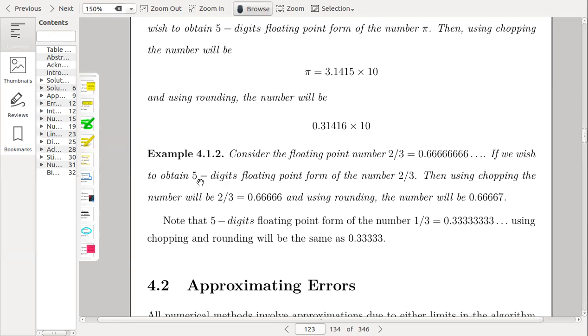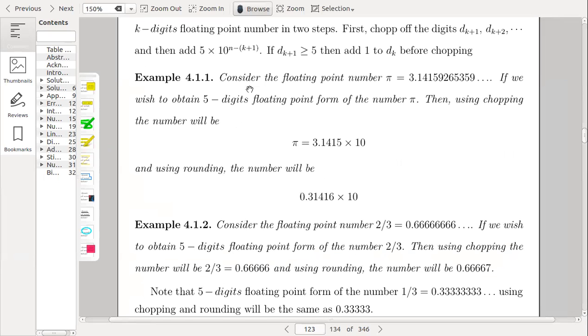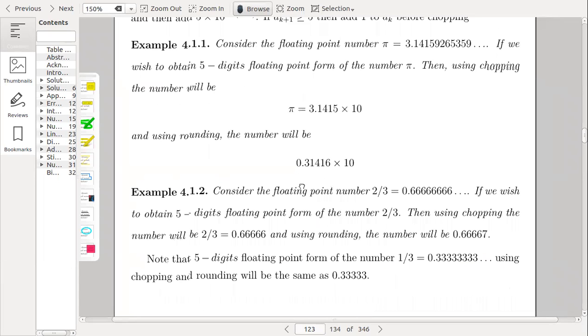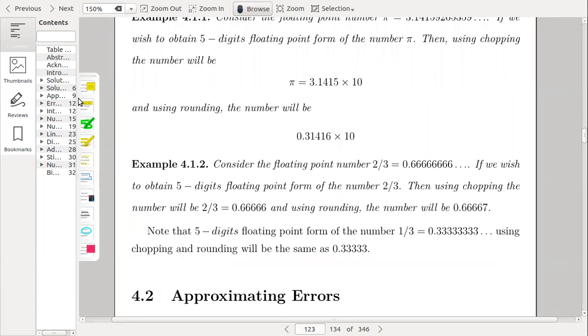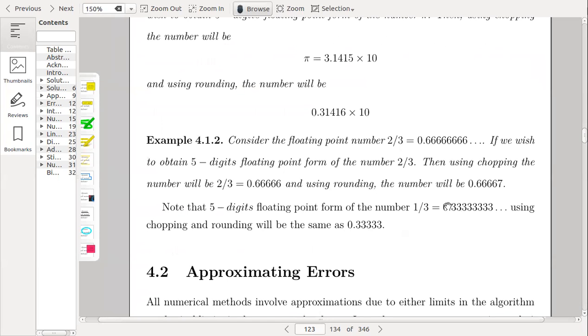So here is an example of rounding. The actual number is 0.666, but in rounding we have to add the quantity 5 into 10 power n minus k plus 1.